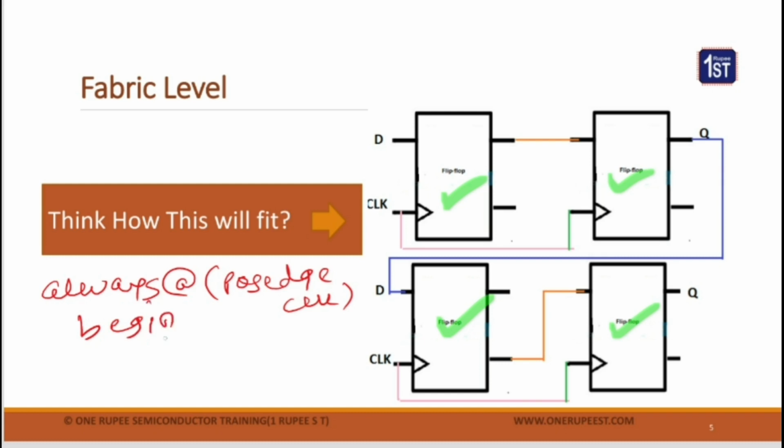Begin of the always block, end of the always block. As it is a sequential design, you can use NBA assignments, non-blocking assignments. So all non-blocking assignments are recommended to get this logic. Here this is considered as Q1, Q2, Q3, Q4, and then try to code the RTL and try to understand what are the different FPGA resources.